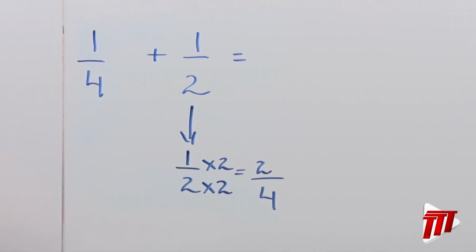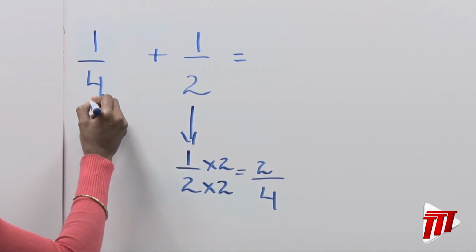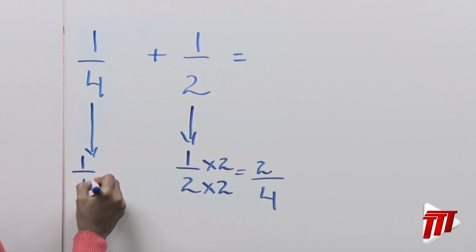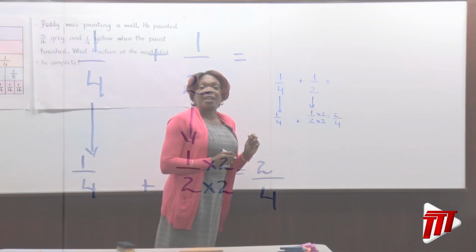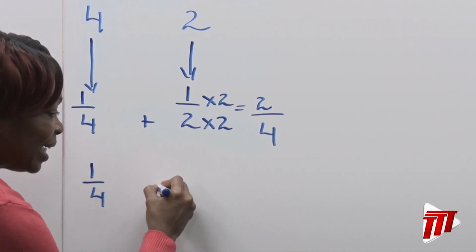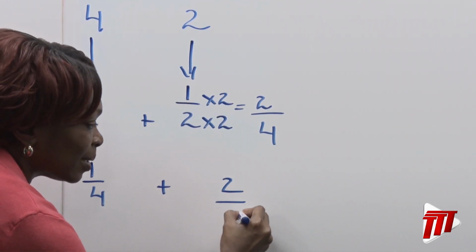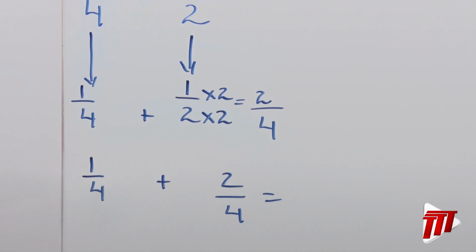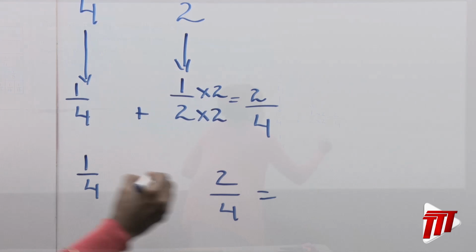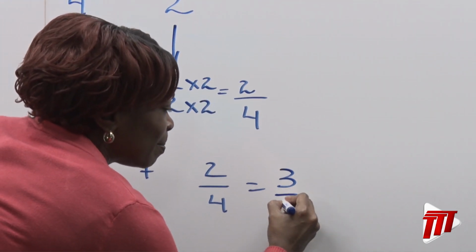We don't touch him. So let's bring him down. So in truth and in fact, we now have 1/4 added to 2/4. What's my answer, children? Yes, you are correct. 3/4.